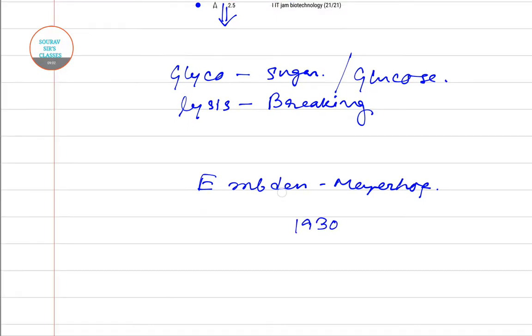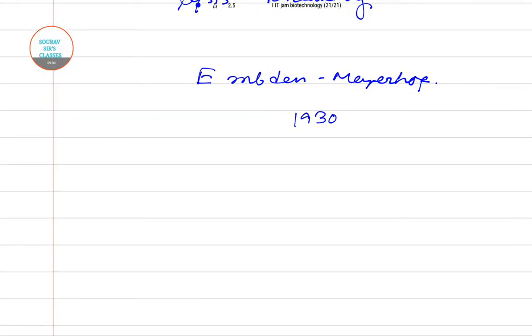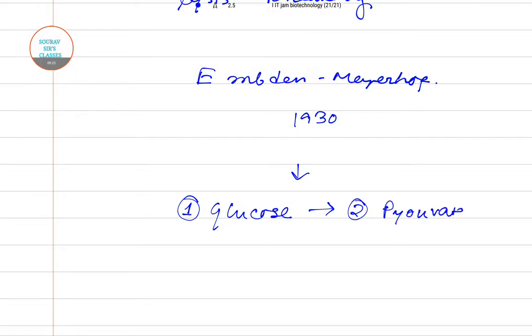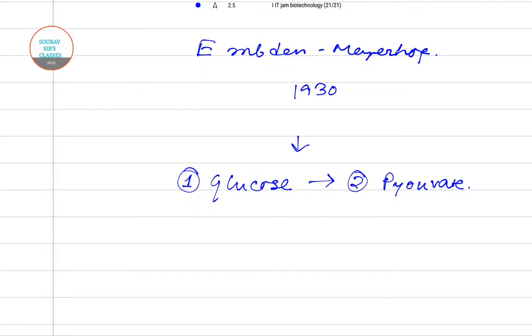Now glycolysis is the sequence of enzyme catalyzed reactions that metabolize one molecule of glucose to two molecules of pyruvate, with the net production of two molecules of ATP.